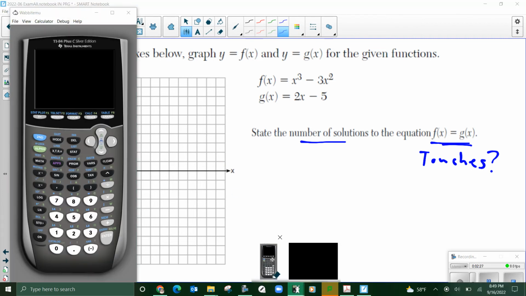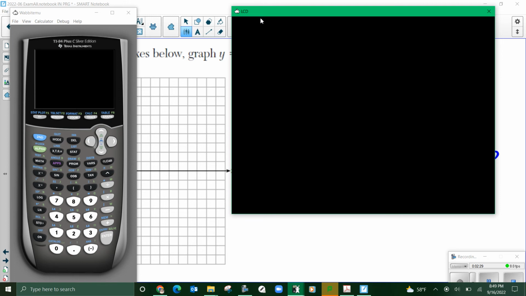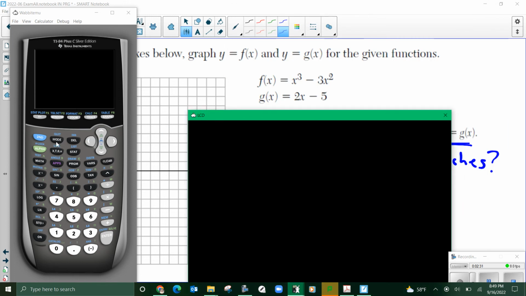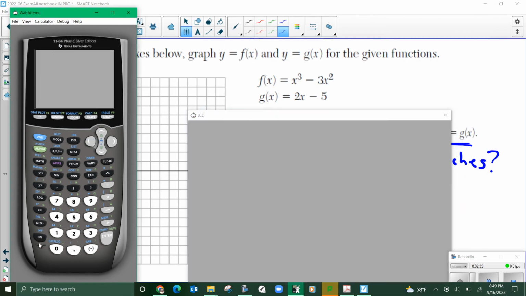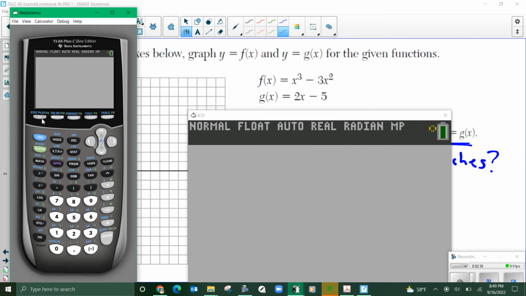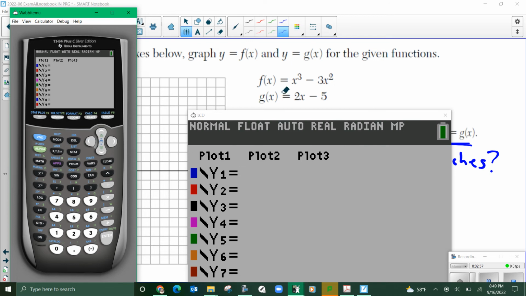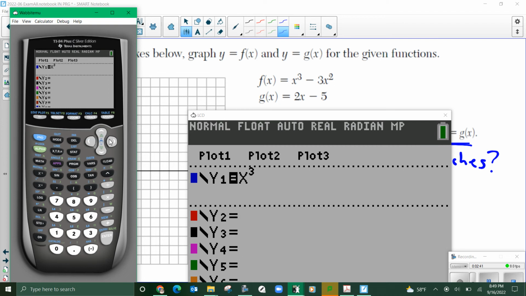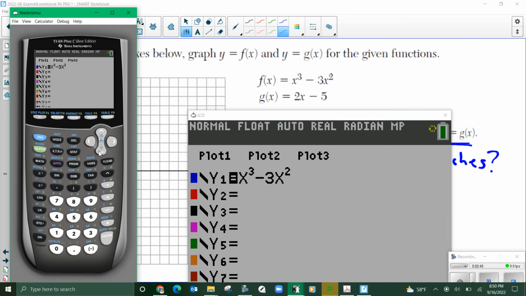So I am going to turn on my handy calculator, which you should have, and in y1, I'm going to put f of x, that's x cubed minus 3x squared. And for y2, I'm going to put g of x, that's just simply 2x minus 5.